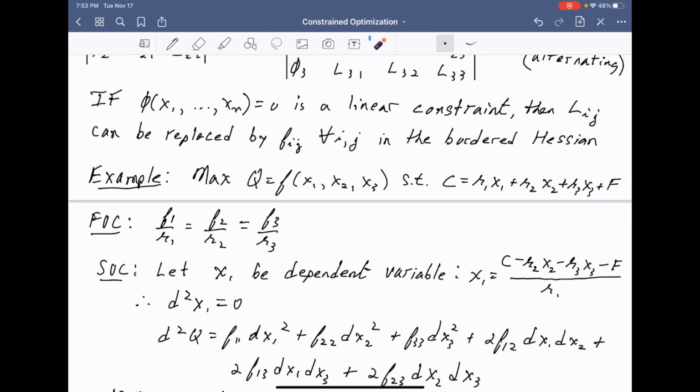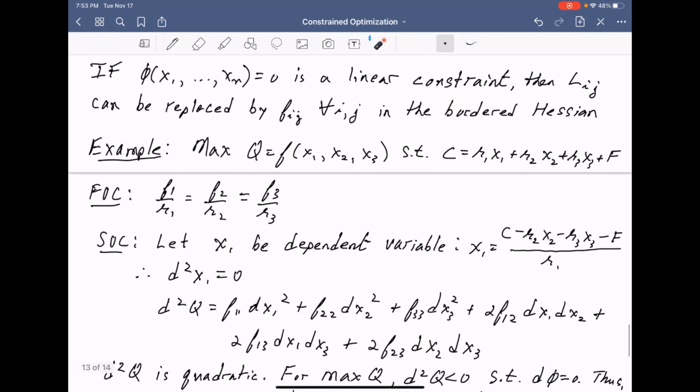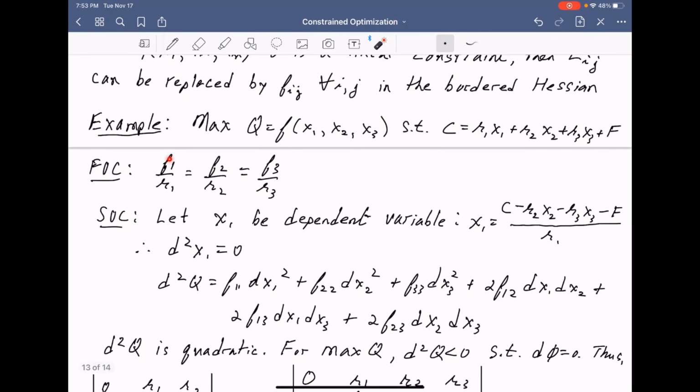And it just drops out. So the first order conditions are the ratios of the marginal products divided by the input prices, and they're all equal to each other.